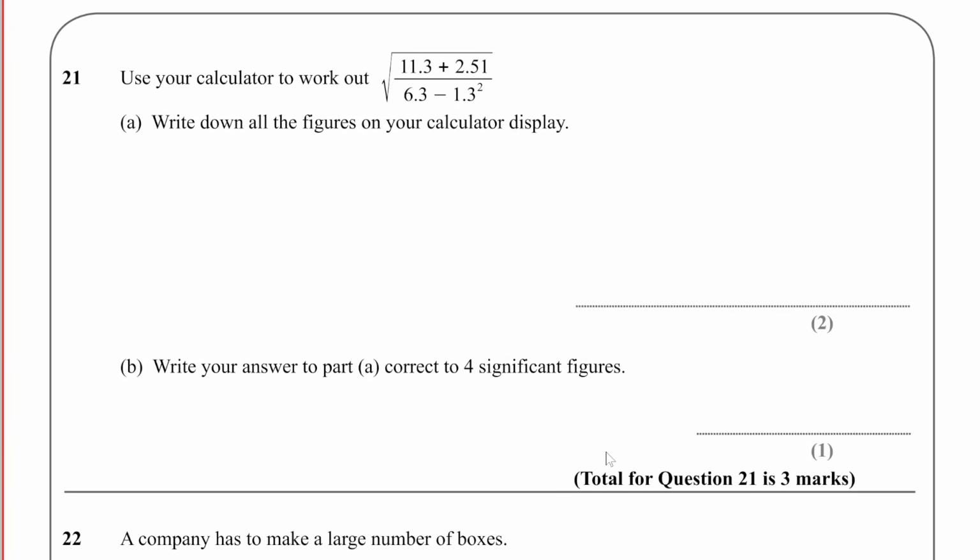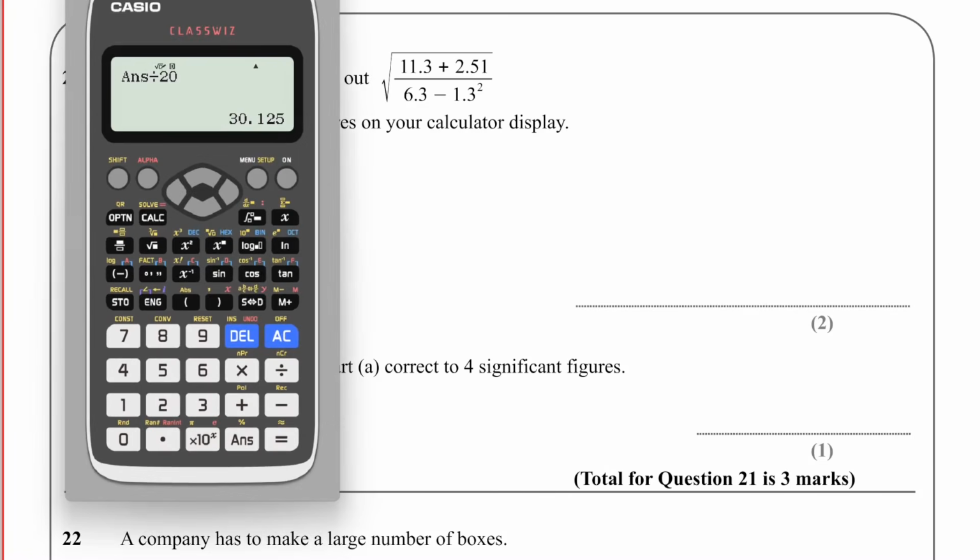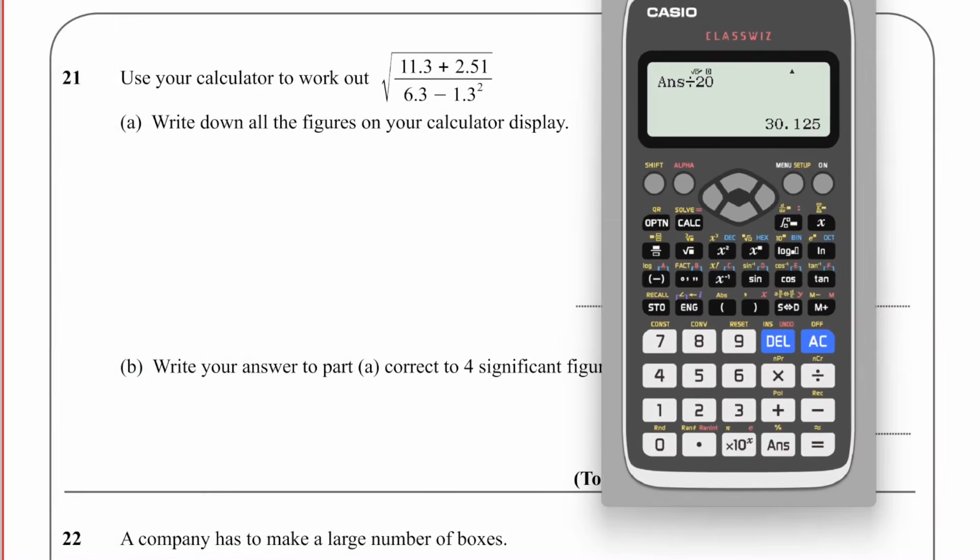Question 21, use your calculator to work out this. So we're going to type it in exactly how it looks. In this one, we've got a square root first, then a fraction. And we've got 11.3 plus 2.51 on the top. And 6.3 take away 1.3 squared.